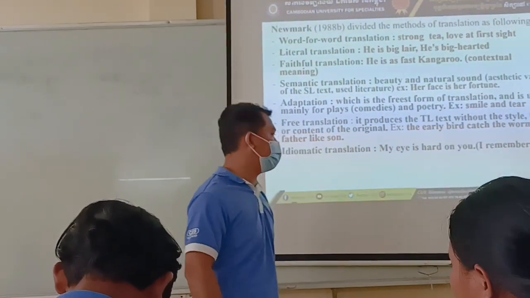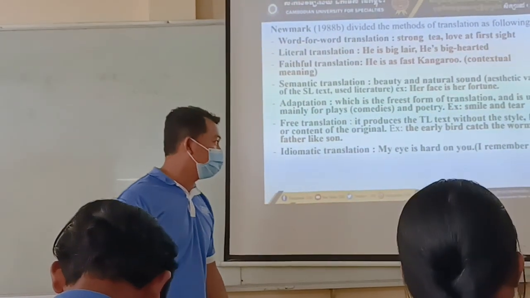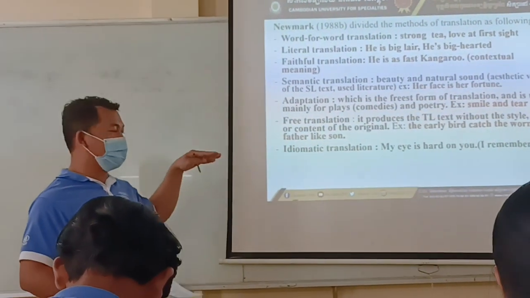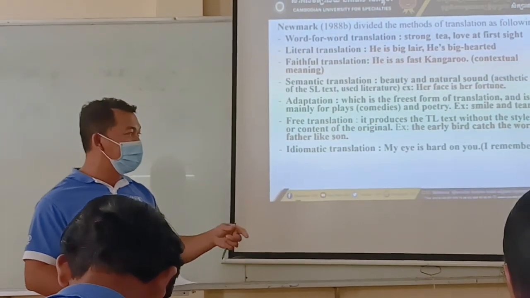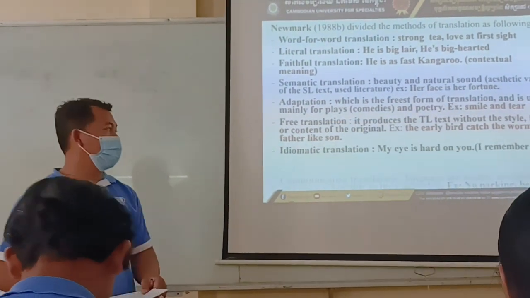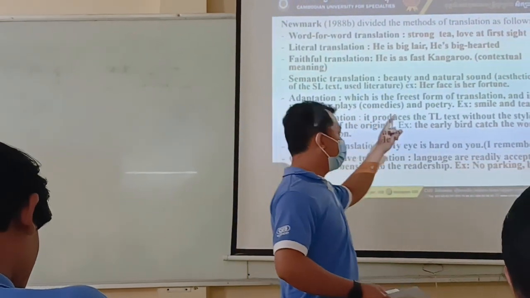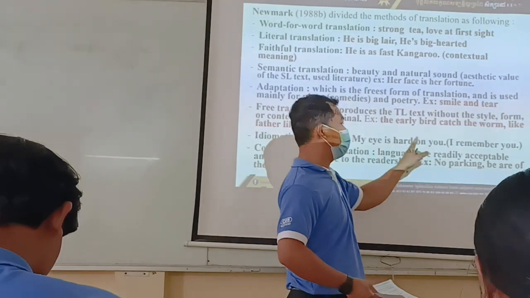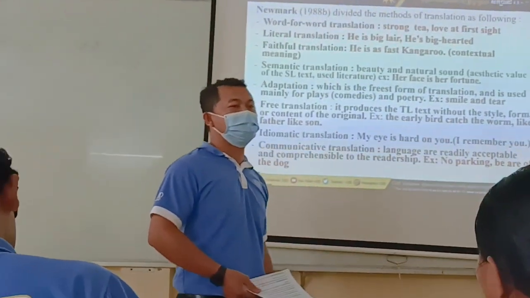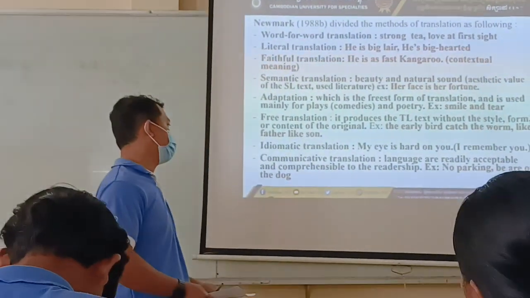As you can see in the sentence, my eye is hard on you. It is a very idiomatic meaning when you translate it into your language. It means I remember you. So the meaning in the target language does not exist in the source language.